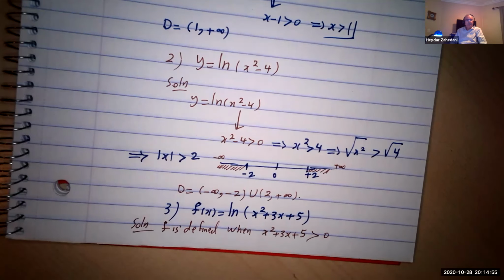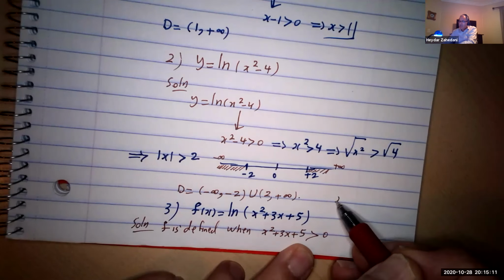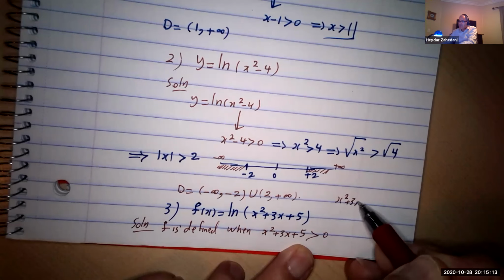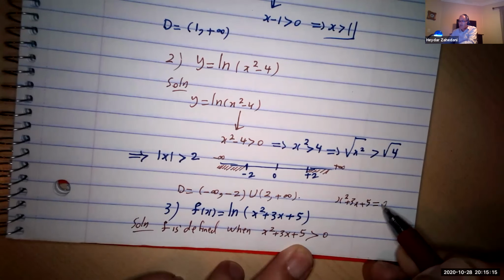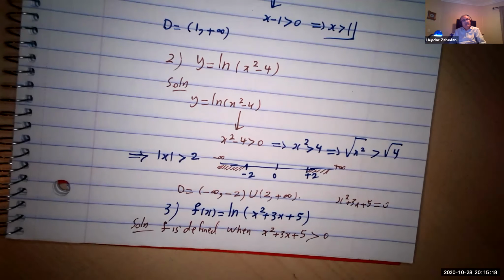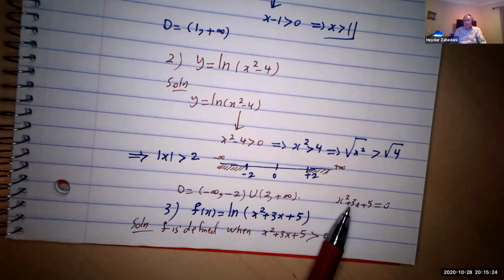But officially, if you want to solve this inequality, remember you have to let it equal to 0, find the so-called critical numbers, get the chart to find out when this is going to be positive. But let's see if we can do it. If you put x squared plus 3x plus 5 equal to 0, you cannot factor it, because you need two numbers with the product of 5 and a sum of 3, impossible.